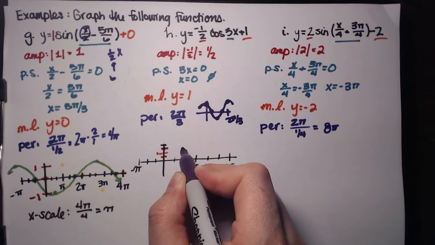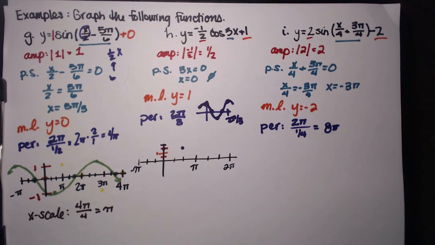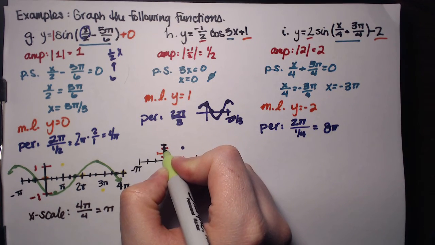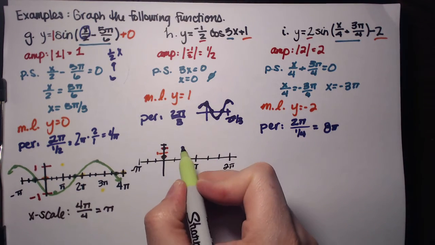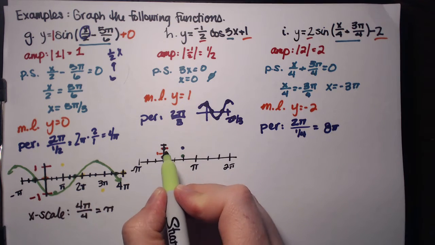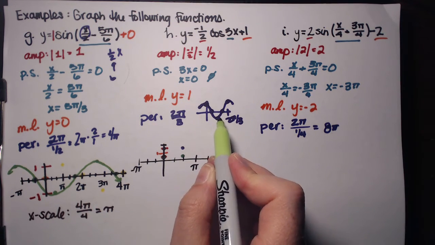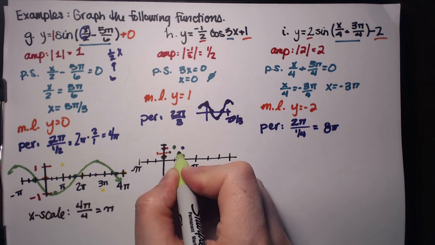So from there to there. Except this has a negative in front. Now what that's going to do is flip this upside down. So now instead of the top, it's going to be at the bottom. So this one also gets moved to the bottom. Halfway between that, it would have been at the bottom, but it gets flipped to the top. And then halfway between that, it's at the middle.